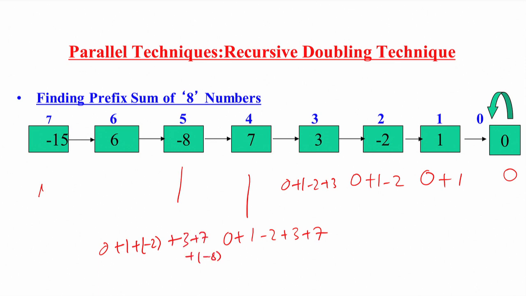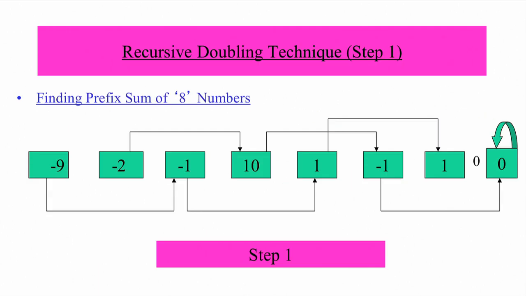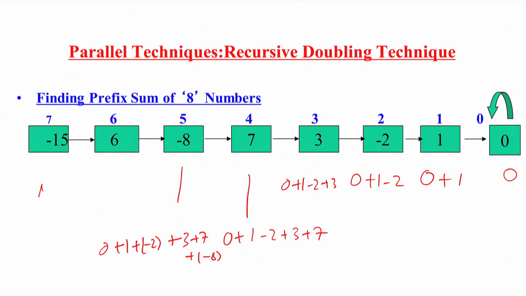This is called prefix sum. At the end, this will have 0, this will have 1, this will have minus 1, this will have 2, and so on, up to 7 minus 15, minus 8.